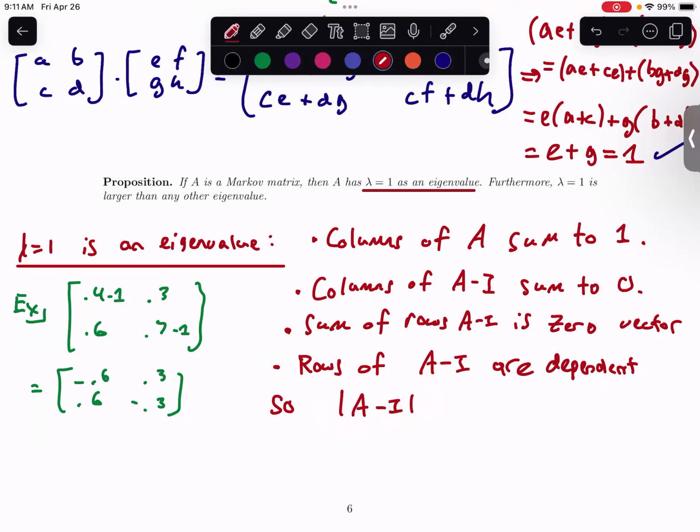This is one of the determinant rules that we know. And so if we have that the determinant of A minus I is equal to 0, this is what we do to show that we have an eigenvalue. We take a matrix, subtract lambda times the identity, set the determinant equal to 0 and find the solutions. So this implies that lambda is equal to 1 is an eigenvalue.